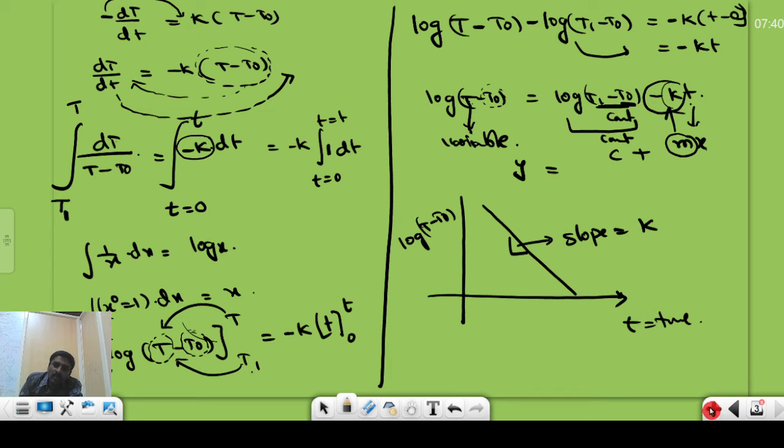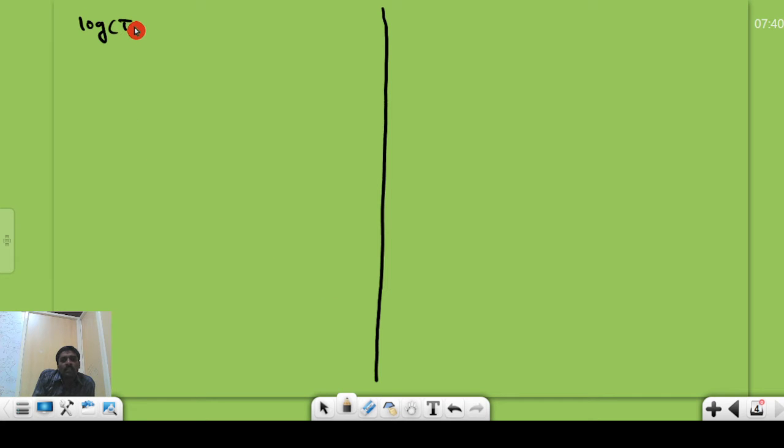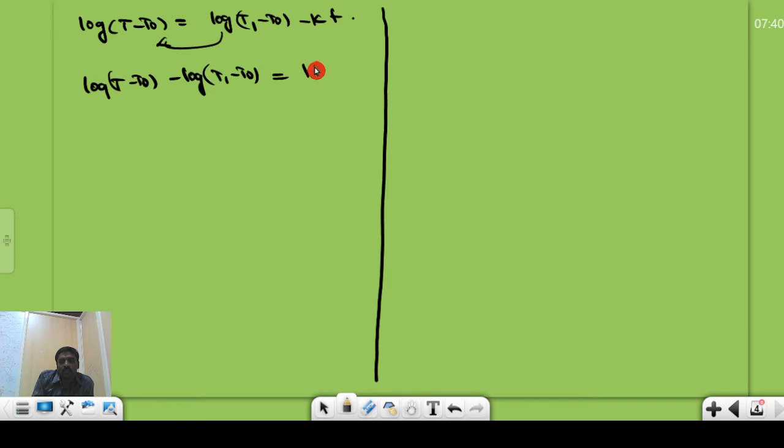Now let me go to another continuation concept on another board. What is the previous formula we got? Log of (T minus T naught) is equal to log of (T1 minus T naught) minus kt, the formula we got in the last equation. Again I am sending this term to the left side: log of (T minus T naught) minus log of (T1 minus T naught) is equal to minus kt.